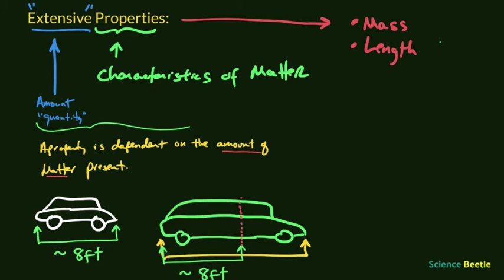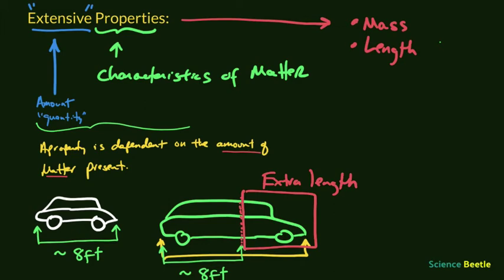I'm going to use the color red now. This extra piece here is the extra part, right? An extra length. And the reason that it's extra length is because now we have essentially extended how much car is present, so therefore the length is going to increase.